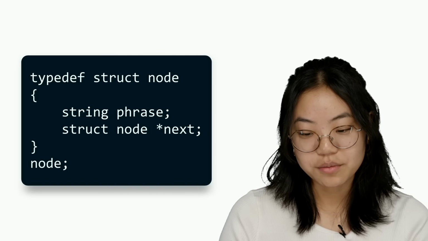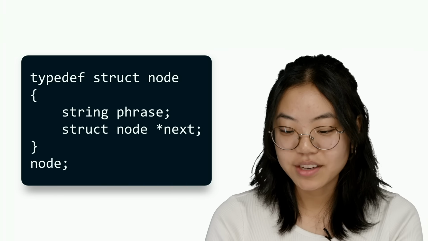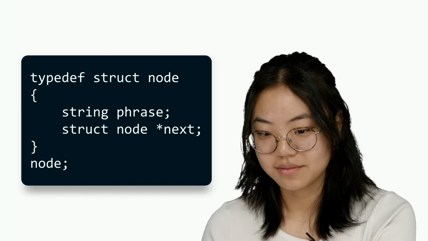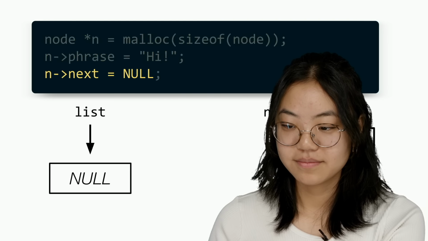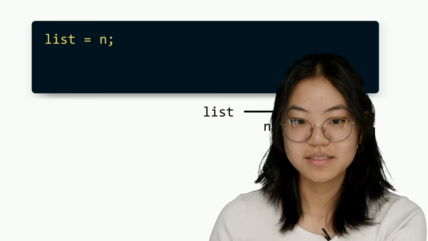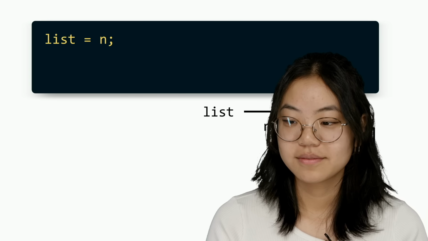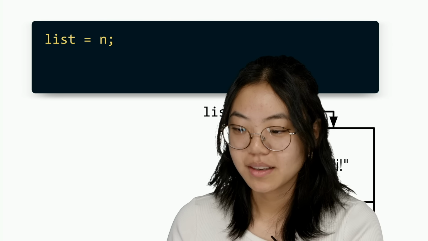And within the node, we're storing a phrase, which is a string, and then an address to a node, which is called next. Okay. Any other questions so far? Okay. Well, if any come up, feel free to put them in.